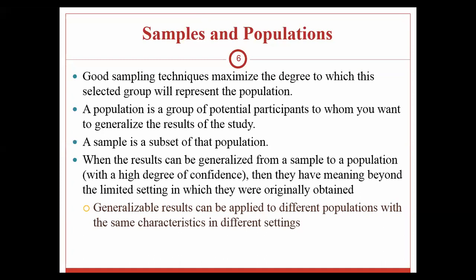If you are studying the youth in Uganda and the sample that you used was a very good representation of the youth in Uganda, such that you could conclude about the youth in Uganda based on this sample, then you can make a conclusion about youth in Kenya.